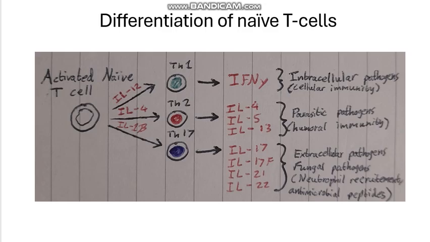When we went over the differentiation of naive T cells, we talked about these different molecules, interleukin 12, interleukin 4, and interleukin 1 beta, resulting in the differentiation of naive helper T cells into one of three types of helper T cell, each with its own unique function. These different types of helper T cells then produce their own kind of cytokines to produce different functions.